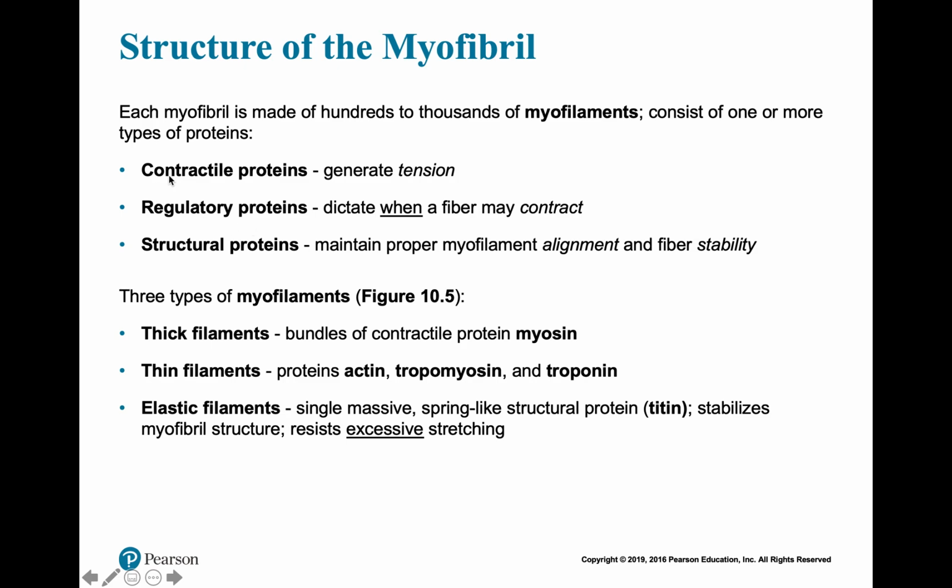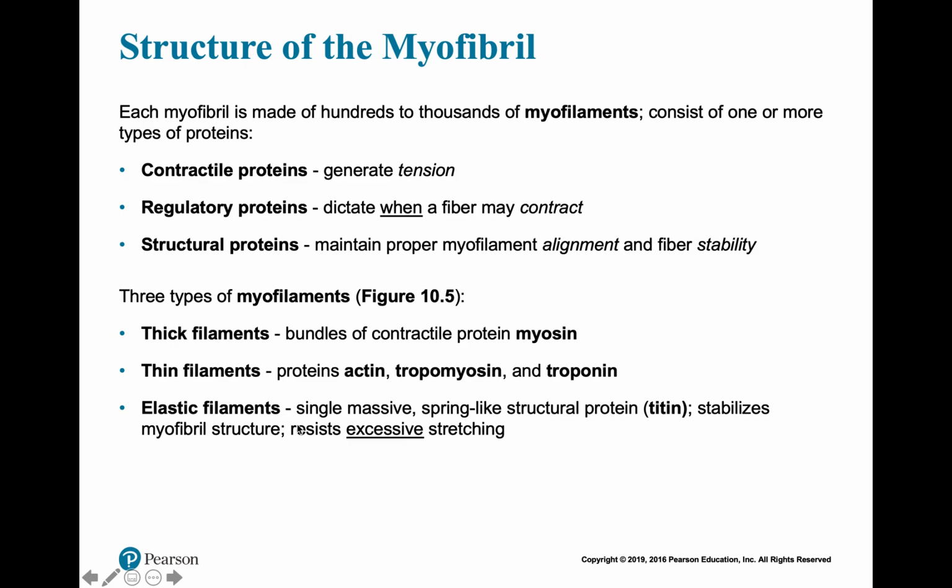They regulate the contraction. And then structural proteins just hold everything in place and make sure they are properly aligned and stable. So thick filaments, this is myosin. Thin filaments, actin. Actin and myosin are contractile. Tropomyosin and troponin are regulatory.